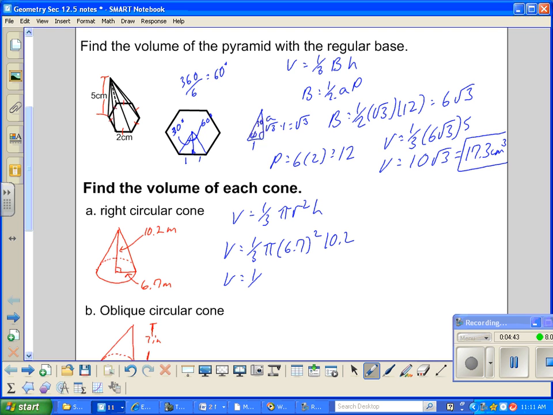So 1/3 of pi, 6.7 squared is 44.89. There's 10.2. So plug it all into a calculator. I get 479.5 meters cubed.